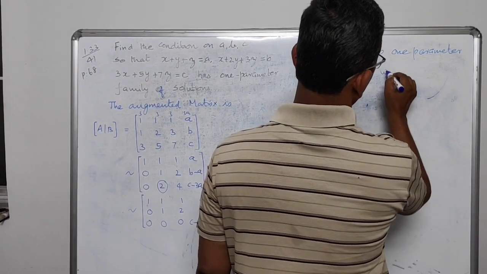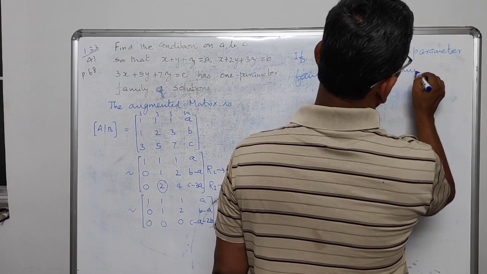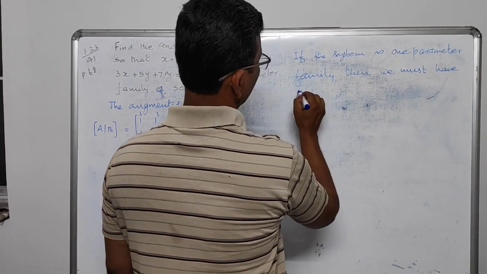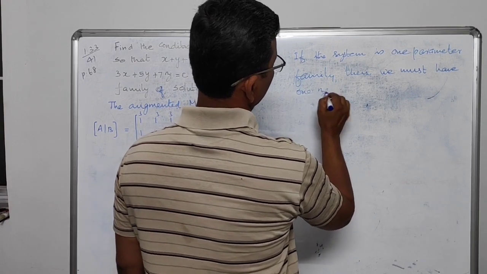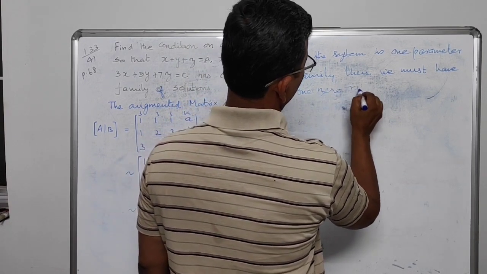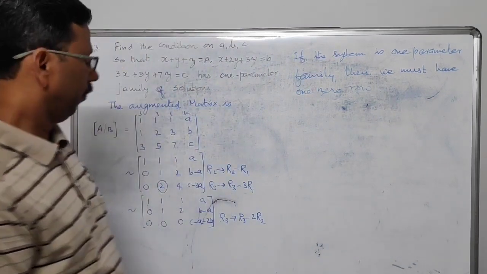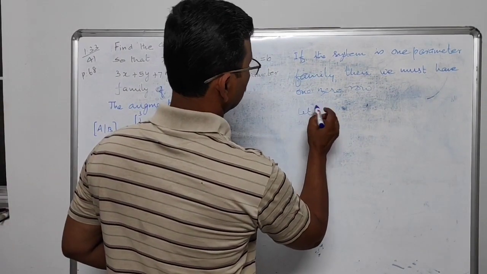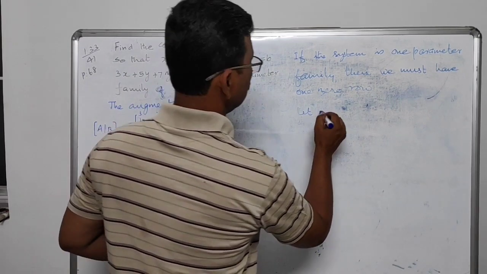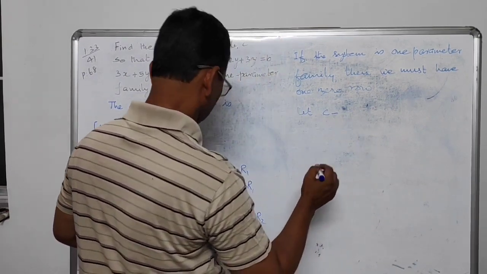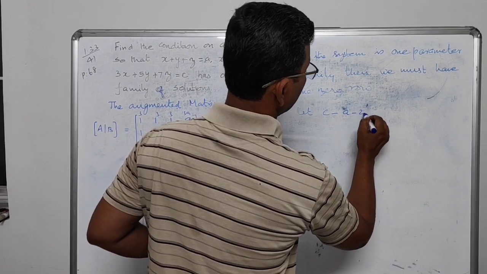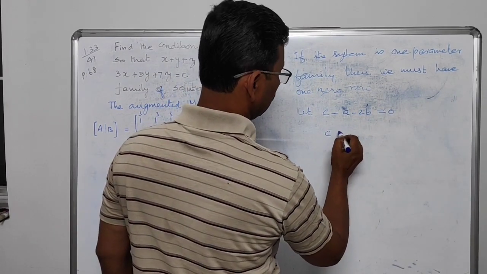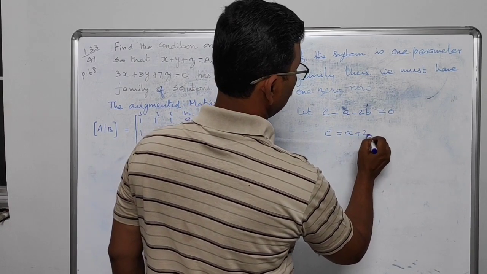So we make the last row 0: let C minus A minus 2B equal to 0. From this, we can say C equal to A plus 2B.